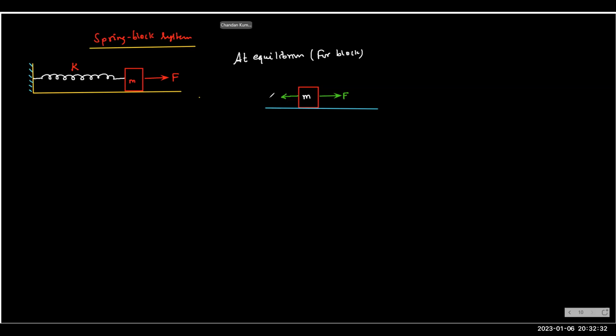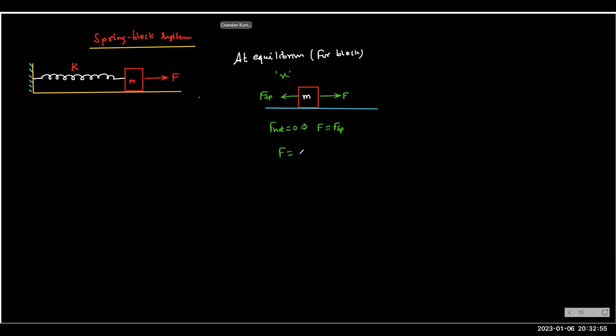This is the spring force. And because this will only happen when some deformation has occurred, let x be the deformation. So for equilibrium, the net force must be 0, which implies the F on the right is numerically equal to the F on the left. Correct?